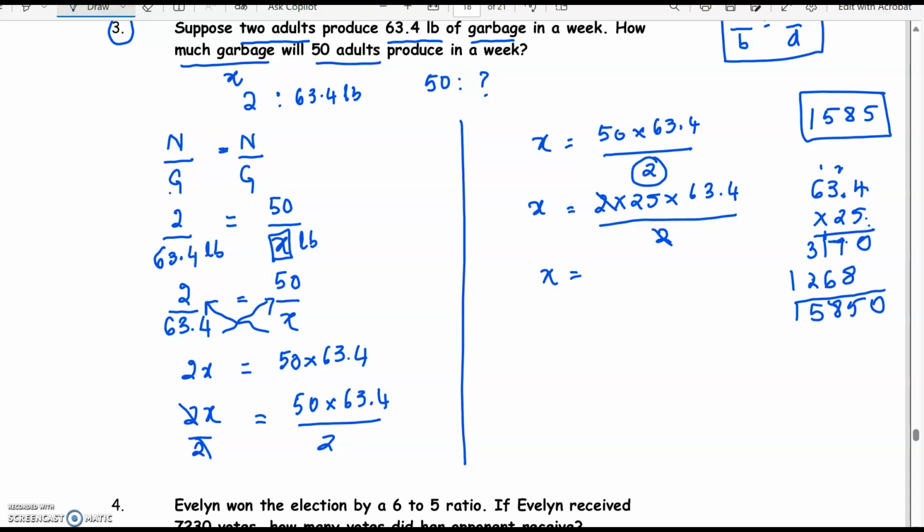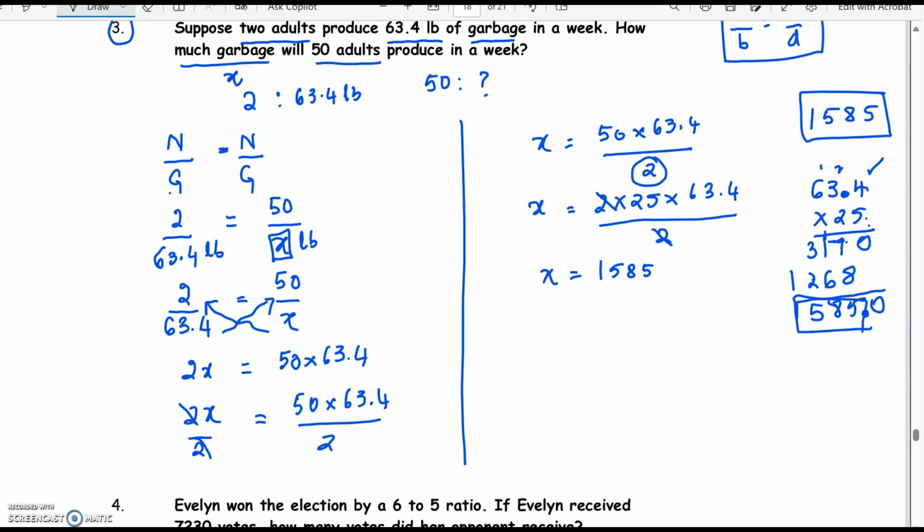However, at the end, we have to remember that this is a decimal number and count the total number of decimal places in both the numbers. There's 1 here and none here. So that would just mean a total of 1 decimal place. So it is 1585.0. That's our answer.